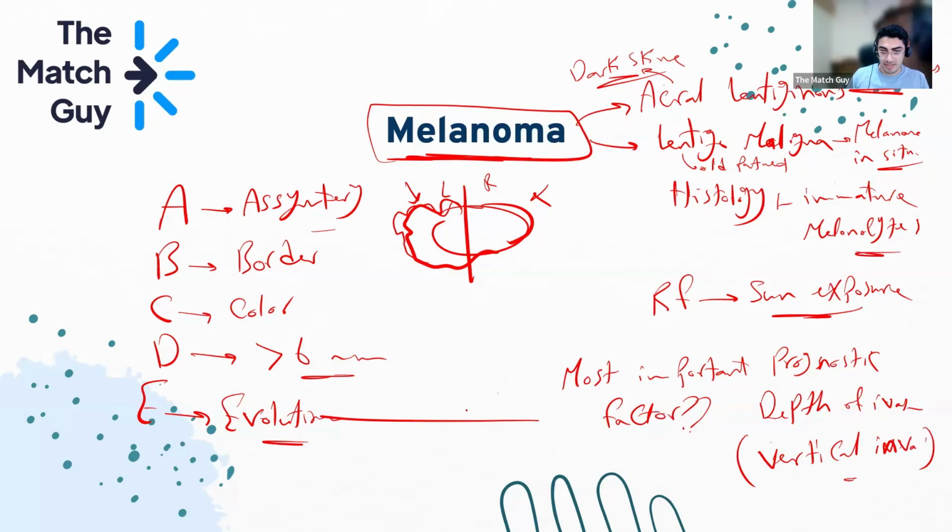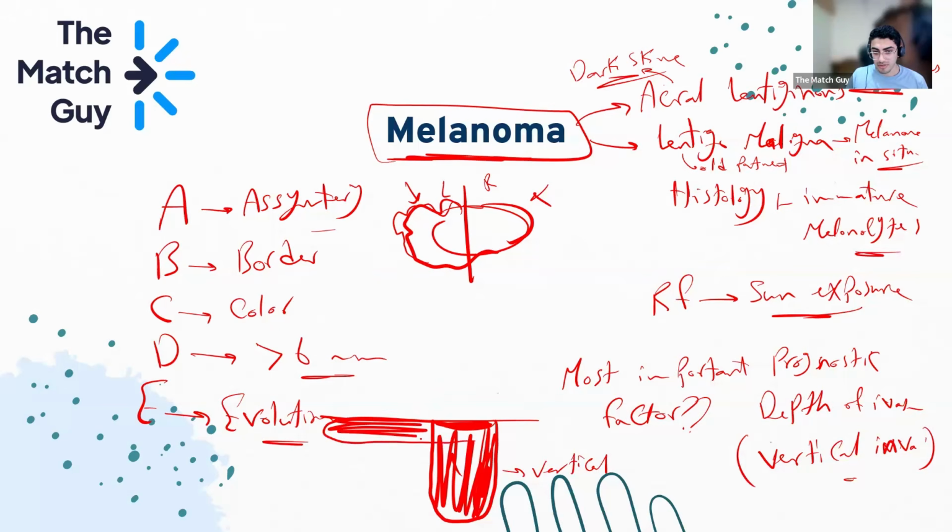So if this is the surface of the skin, we have a melanoma over here. Vertical invasion means invasion downward. This is the vertical invasion. We might also have something called radial invasion, which is invasion of the superficial layers.